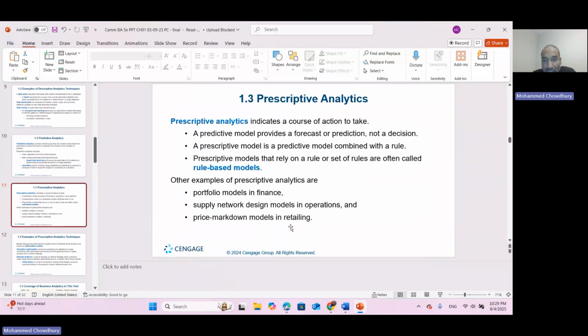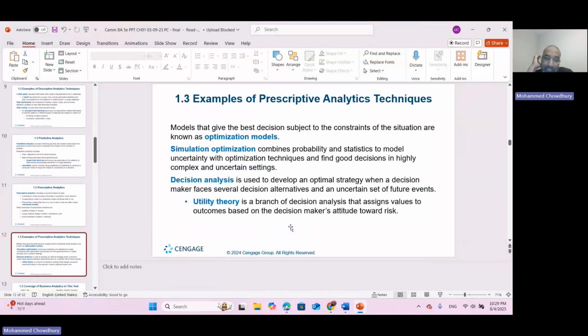Okay, so an example of a prescriptive analytics technique: models that give the best decision subject to the constraints of the situation are known as optimization models. So see, this optimization model, you will learn linear programming in Business Analytics 2.